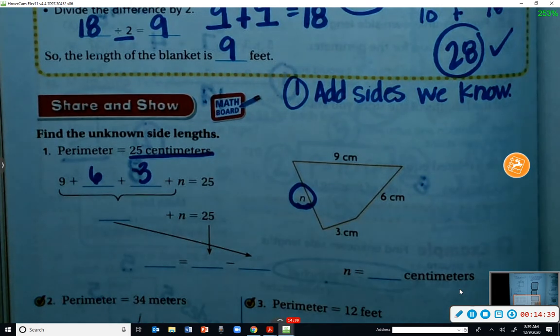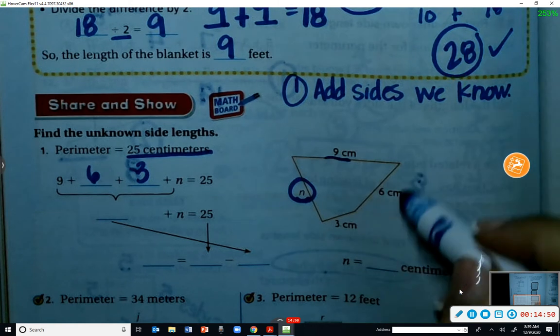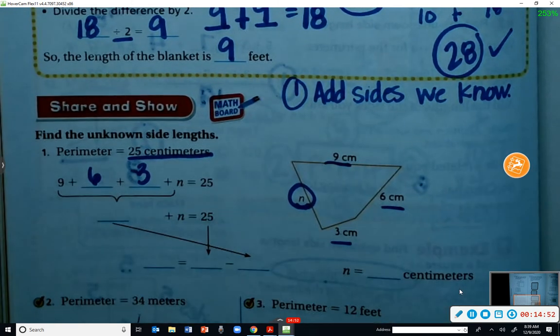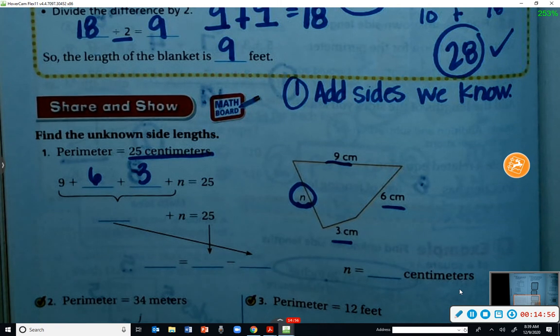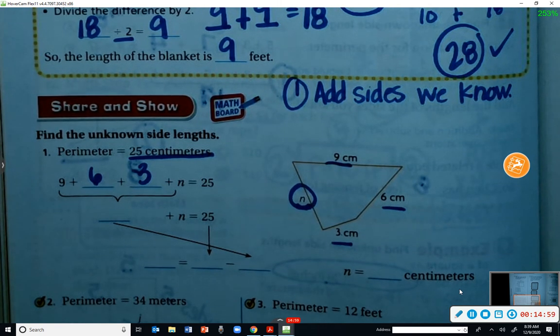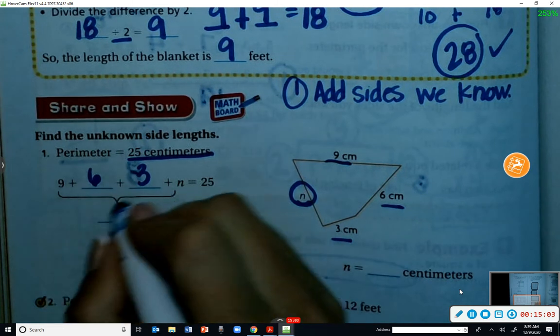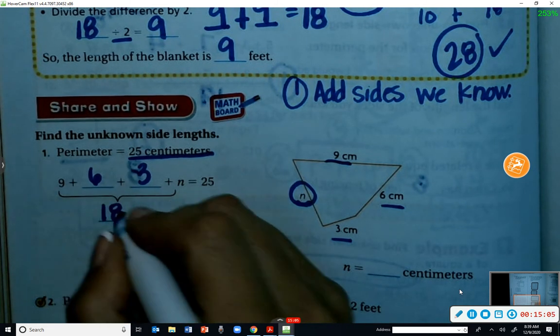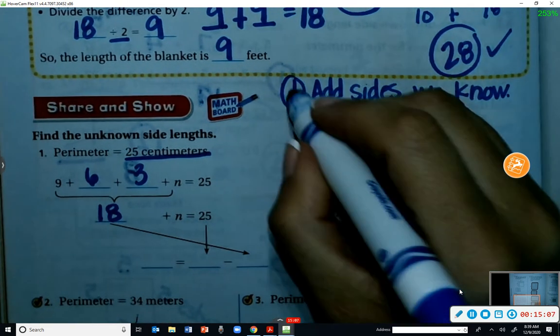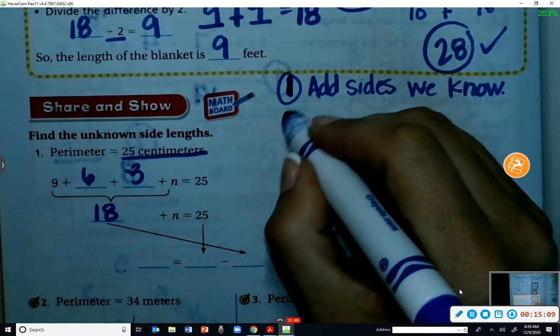Where's the 6 and 3 coming from, Brandon? From the shape, yes. There's a 9, a 6, and a 3. So let's add those up. What's 9 plus 6? 15 plus 3, 18. So all of the sides we know added together equals 18. That's step 1. Add the sides you know.